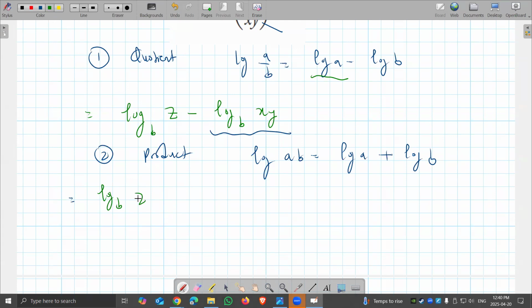Log base B of Z unchanged, minus, now this part becomes log base B of X plus log base B of Y. There is one mistake in this line. What's the mistake? What did I do wrong? It has something to do with the signs.